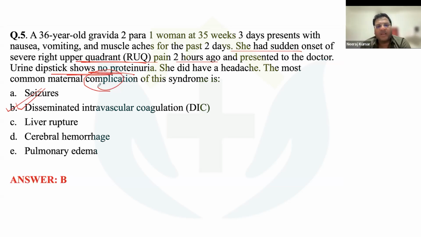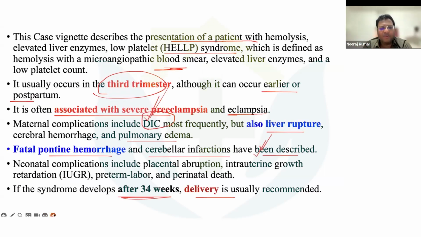So eclampsia and severe preeclampsia: you have to know that if convulsion is there, the patient presents with eclampsia, and proteinuria may not be positive many of the times, but the patient will have increased blood pressure and will show signs of HELLP as well. I have already discussed one question in which HELLP was combined with severe preeclampsia leading to DIC, where we discussed the role of platelet transfusion along with corticosteroids, the platelet count cutoff for vaginal delivery, and the platelet count for cesarean sections. Okay. So this is continuing from that question.